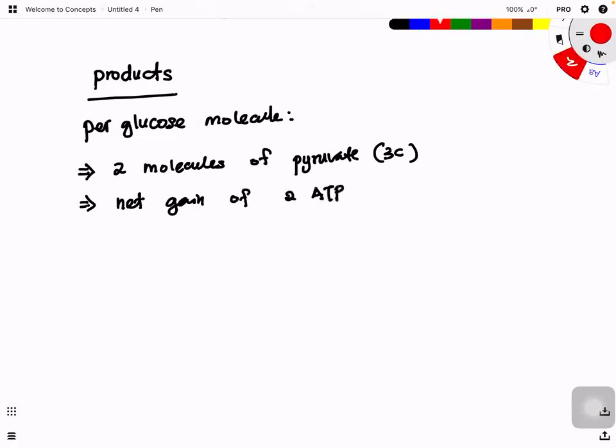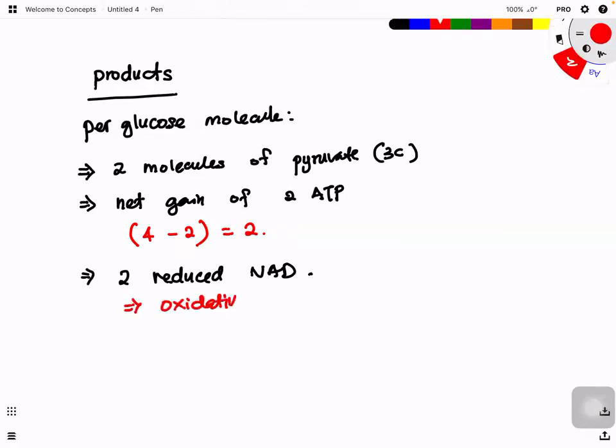Basically we synthesize 4, we minus 2, so we have a net gain of 2. And lastly we have 2 molecules of reduced NAD. Reduced NAD is very important in oxidative phosphorylation, so this one will later be used in oxidative phosphorylation. Okay, clear? Any more questions so far, guys?